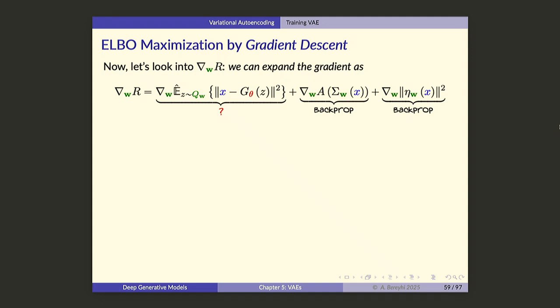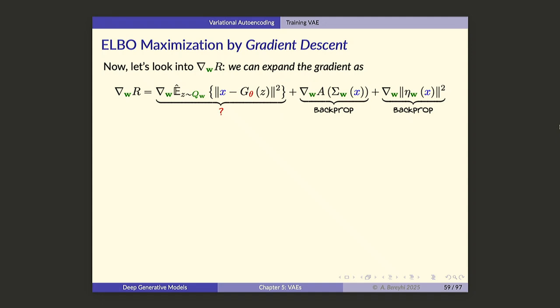But what about the first term? How can I compute the gradient of it? If you want to compute the gradient with respect to w, you cannot simply take this gradient inside the argument, because the thing that depends on w, on your encoder, is actually the distribution.